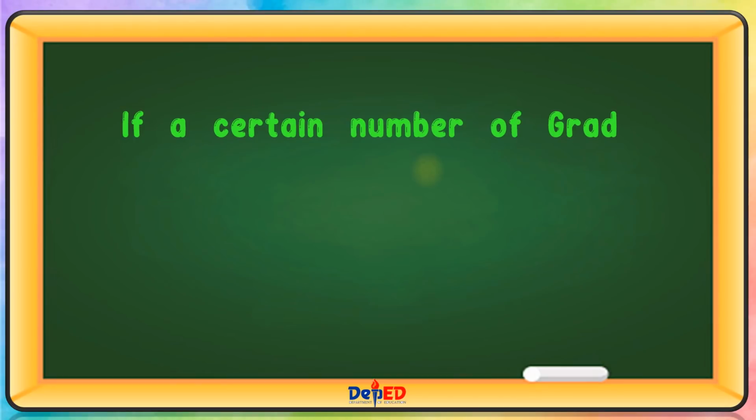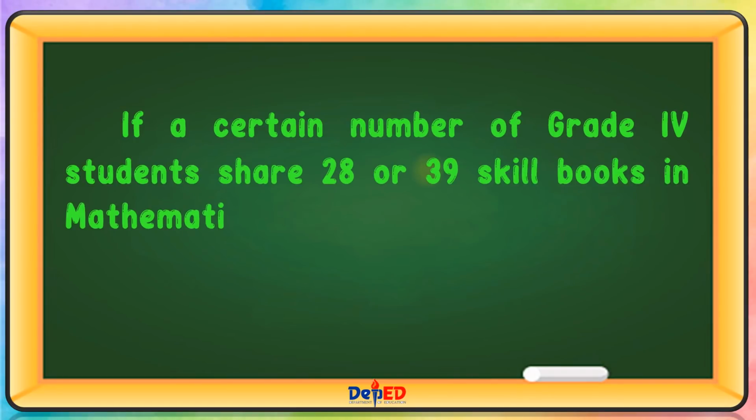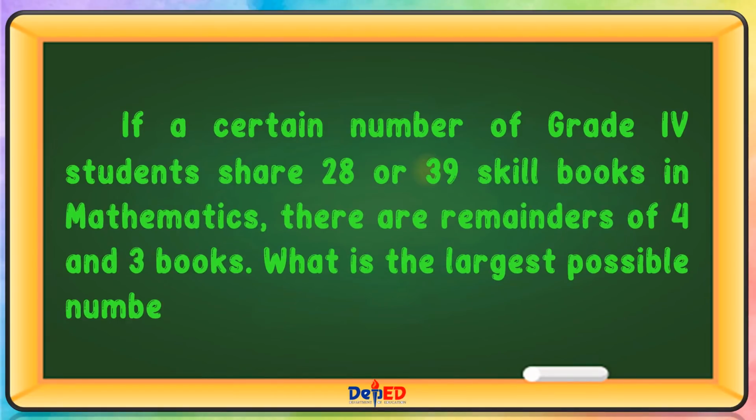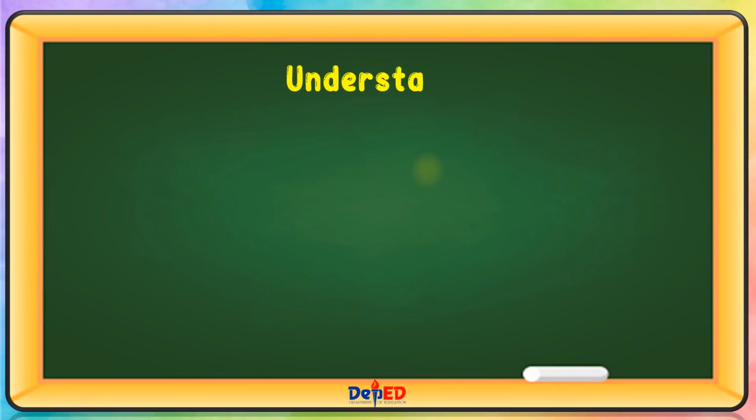If a certain number of grade 4 students share 28 or 39 skill books in mathematics, there are remainders of 4 and 3 books. What is the largest possible number of students? Let us understand. What is asked in the problem?